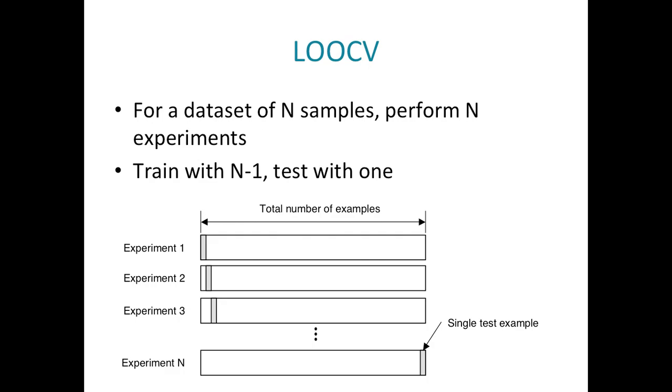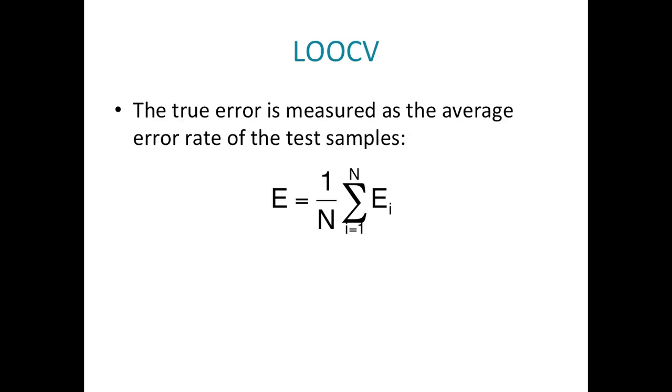So you divide into n minus 1, test on one, but do that n times, and the final true error used as the measure of accuracy is the average error rate across all the different testing scenarios that we have covered, right? Again, we have covered n different testing scenarios, and so the error will be the average across all those n cases.